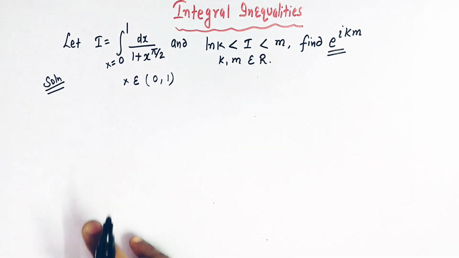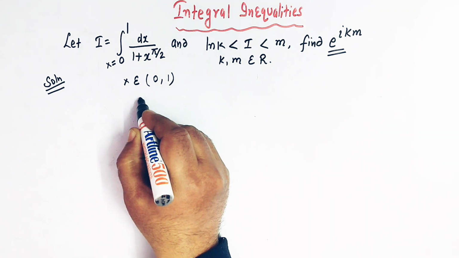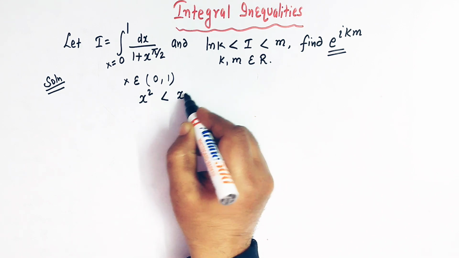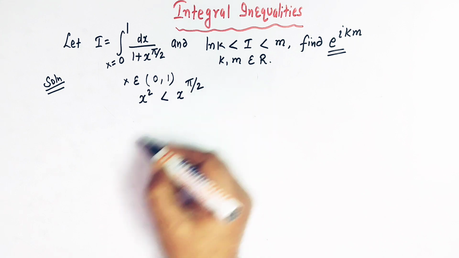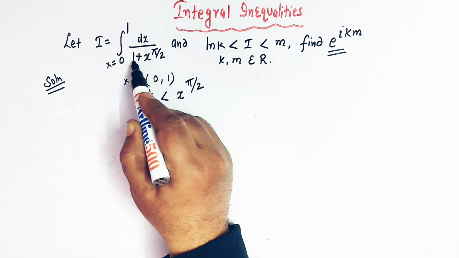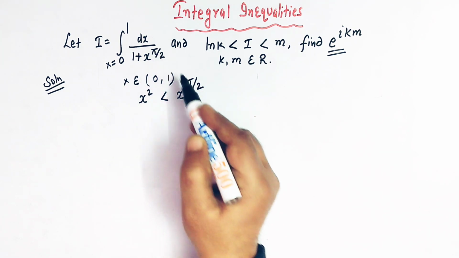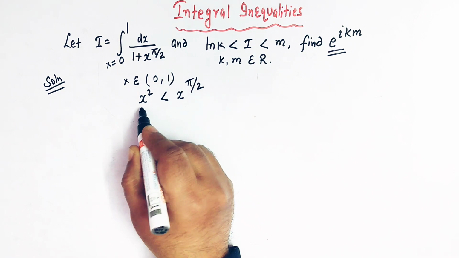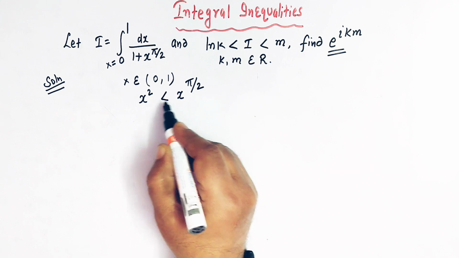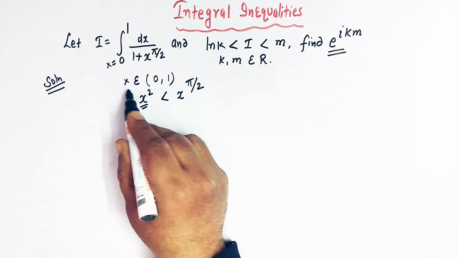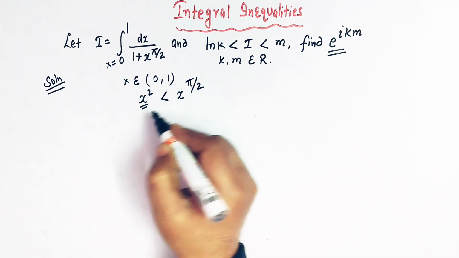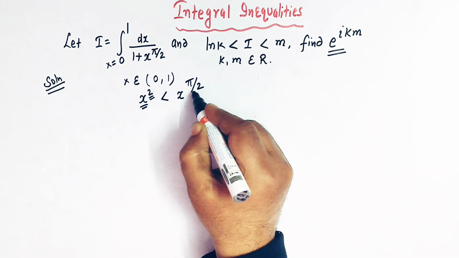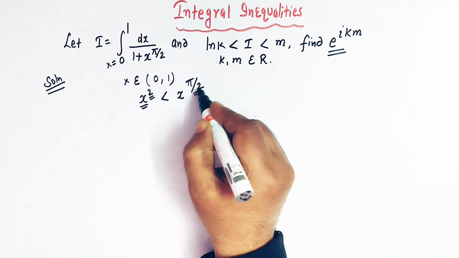So we'll start with this inequality, that is x square is less than x raised to pi by 2, because here we have 1 plus x raised to pi by 2. So we introduce x raised to pi by 2 by this inequality. Now see, x is a number which is less than 1, and here we have x raised to 2, and here we have x raised to pi by 2.